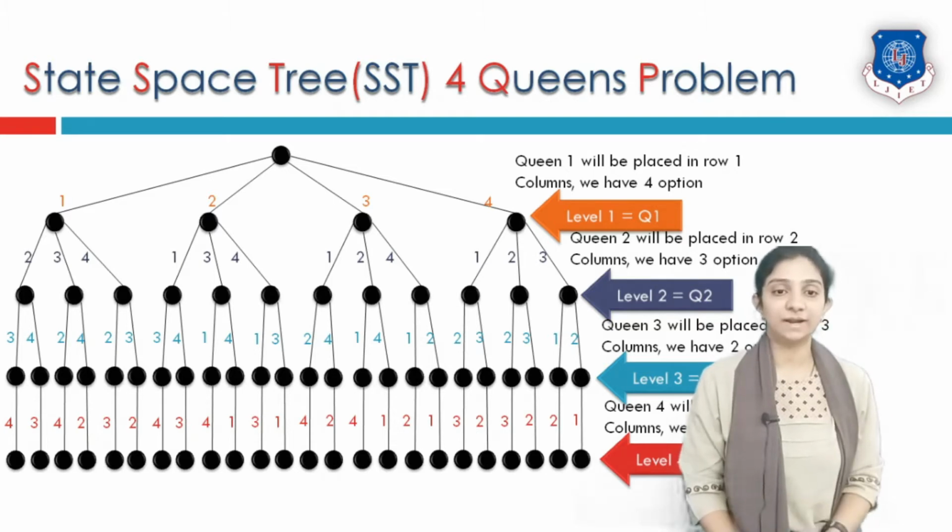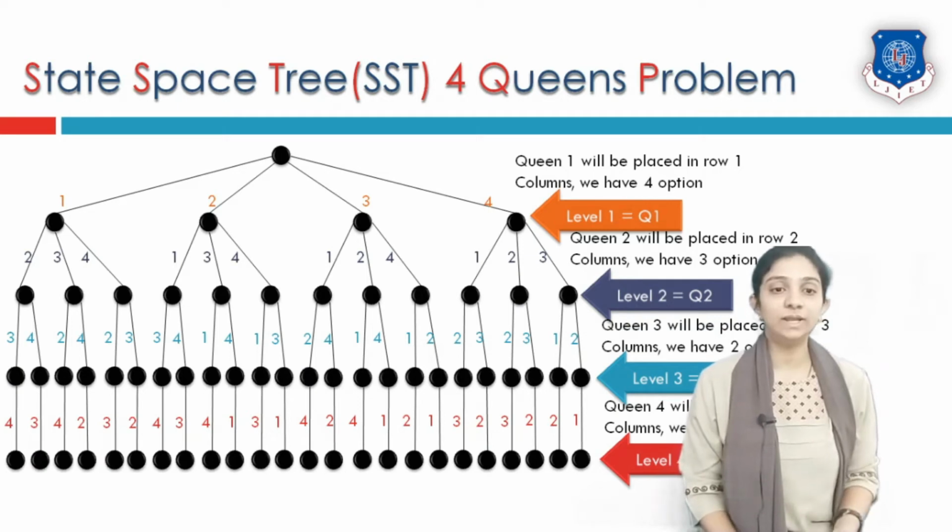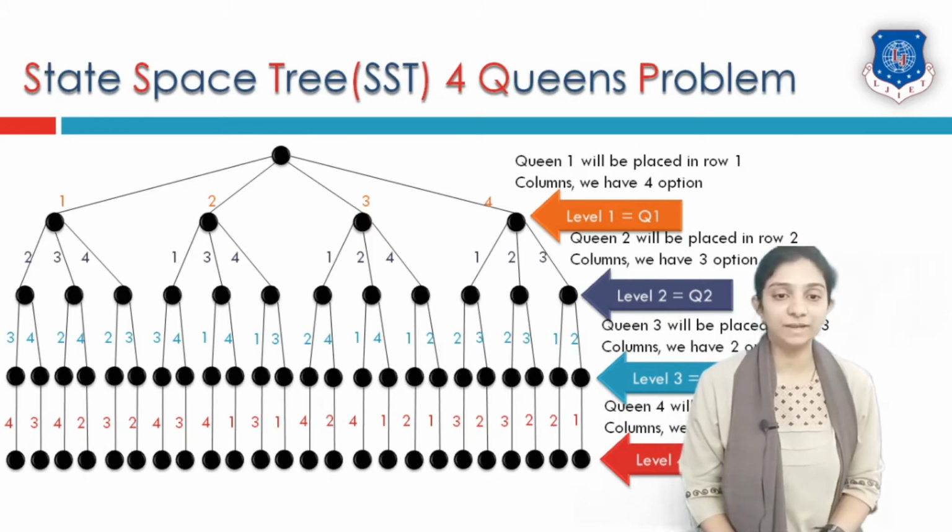So in total, there are 65 nodes in a tree, which is showing different possibilities of placement of queen. But not all this placement of queen will lead to feasible solution. Some solution over this complete tree that shows a complete vector is not leading to our feasible solution.